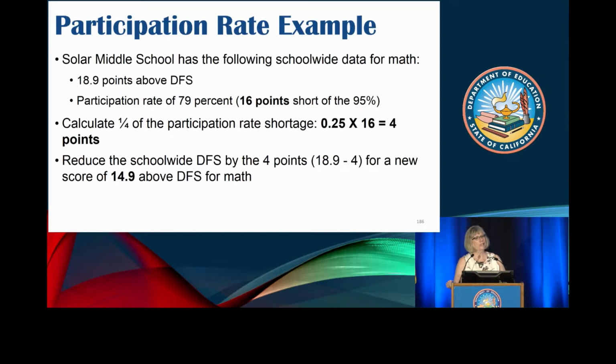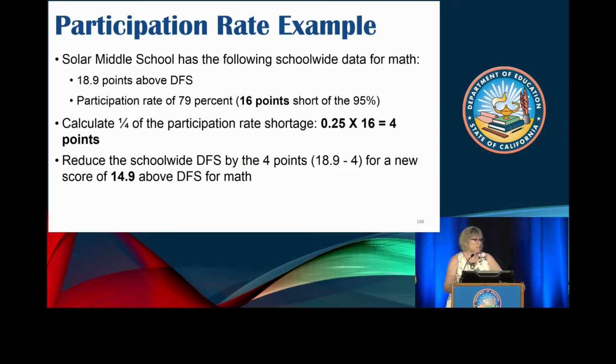So we have a little example here. Let's say we have Solar Middle School. Solar Middle School has the following data for math, at the school-wide level. They have 18.9 points above distance from standard. Their participation rate is 79%. That means they are short 16 points.